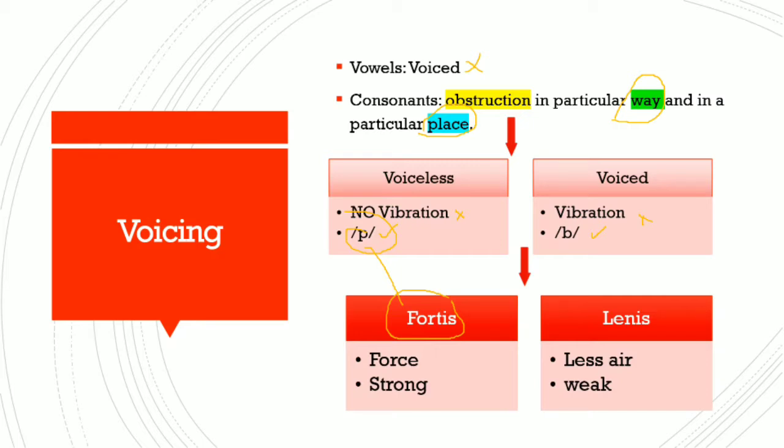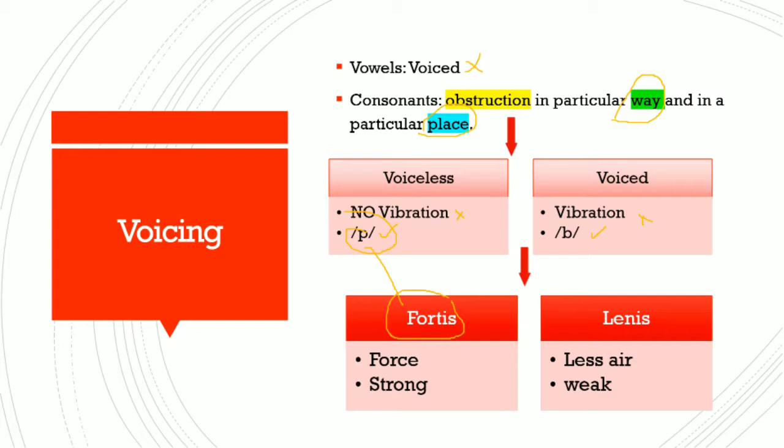There is a test that you can do to realize if a consonant is voiceless or voiced, fortis or lenis. You can try holding a piece of paper in front of your lips, and if the paper flaps for P, that is to say there is a movement, and it hardly moves for the other consonant, you realize that that consonant is fortis and the other one is lenis.